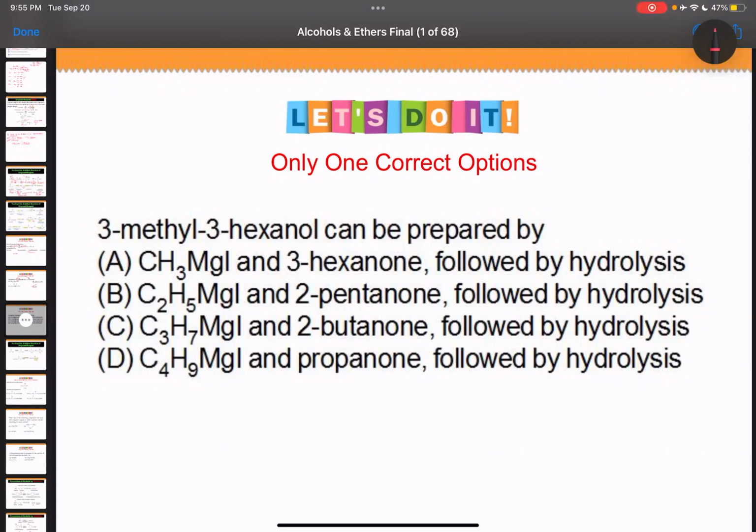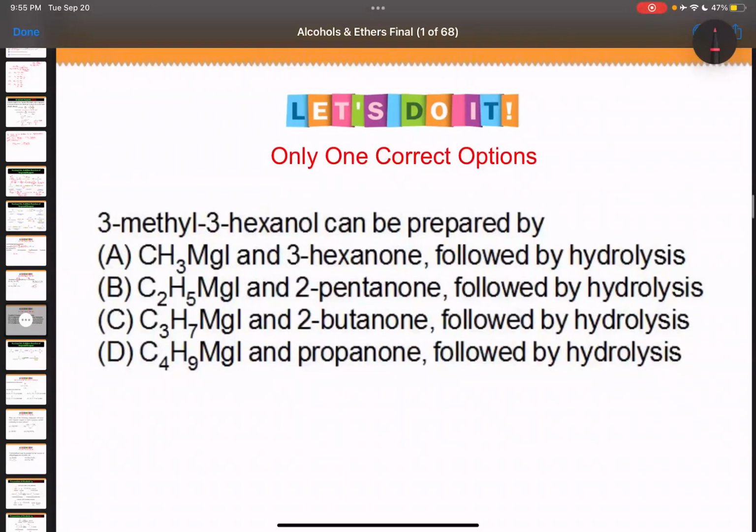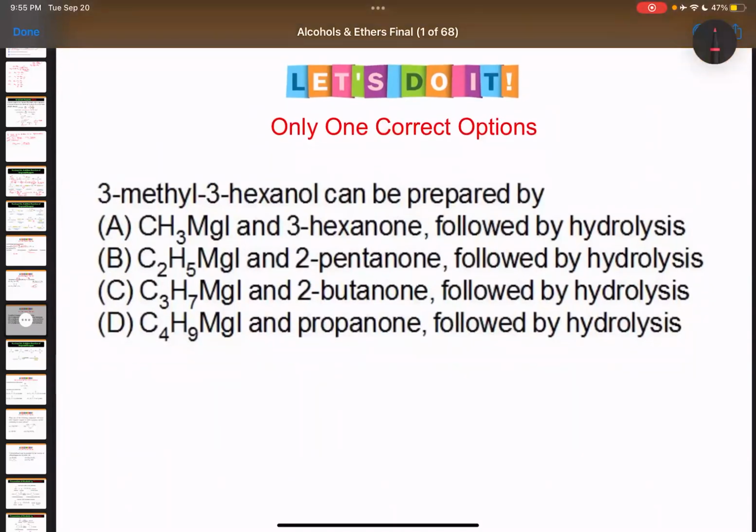So what's going to be the answer to this one? Sir, 3 methyl, 3 hexanol means, sir, is it 3 methyl hexane, sir? Hexan-3-ol. Okay, sir.